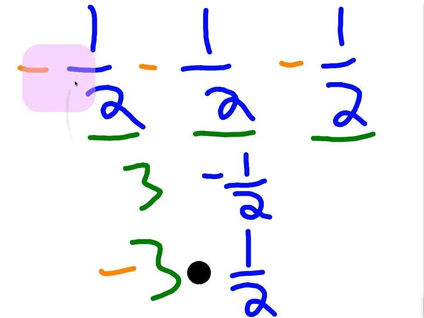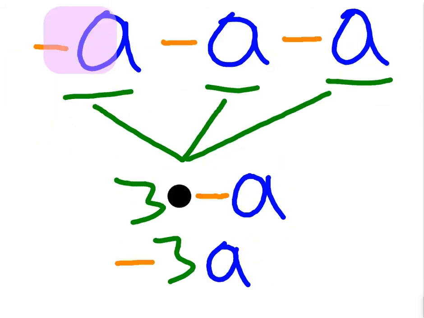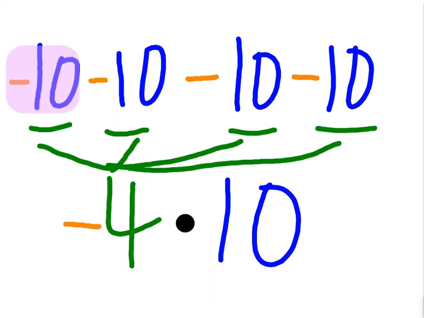That also works for fractions. Negative 1/2 minus 1/2 minus 1/2 becomes negative 3 times 1/2. Negative 2.7 minus 2.7 minus 2.7, subtracting it 3 times, becomes negative 3 times 2.7. In general, if you subtract a number 3 times, it becomes negative 3 times a, a being any number.